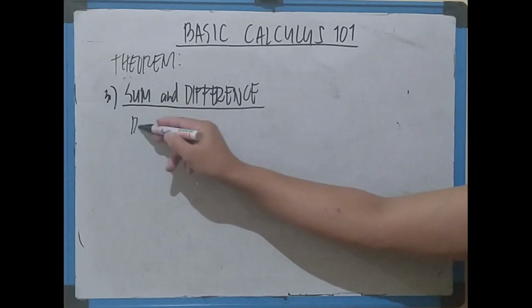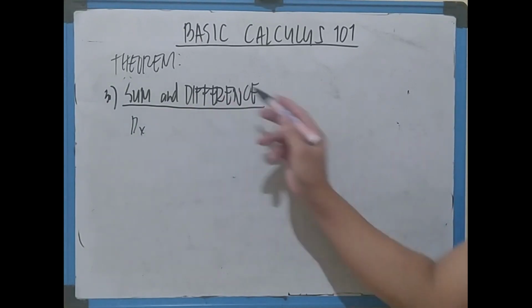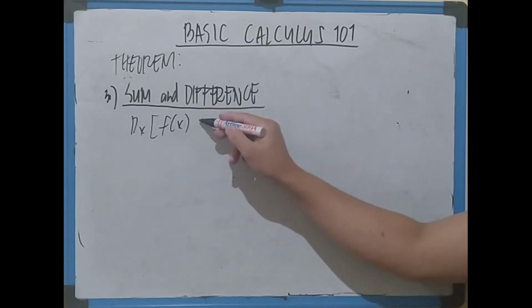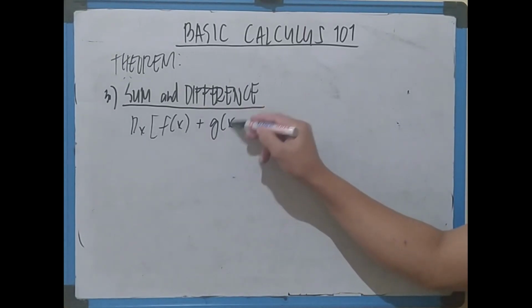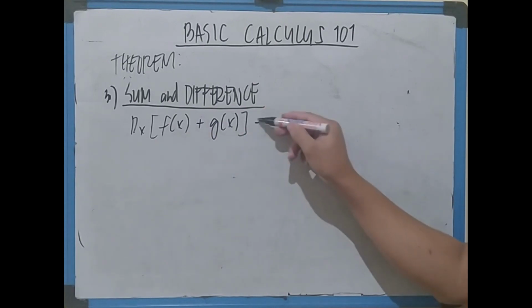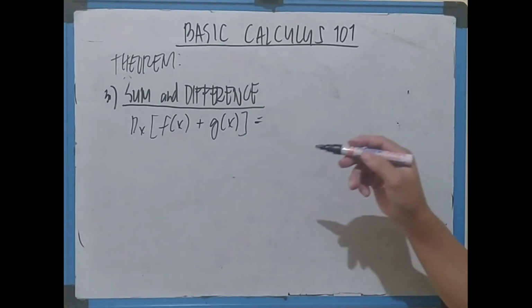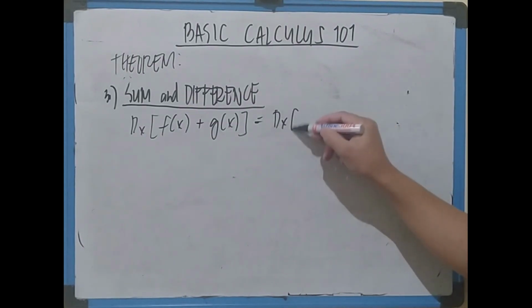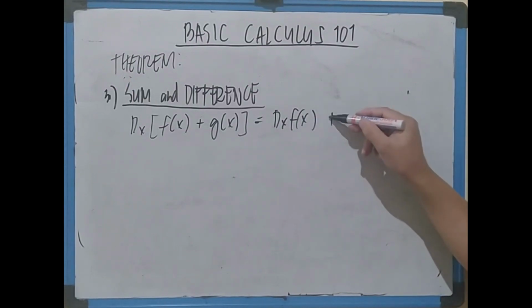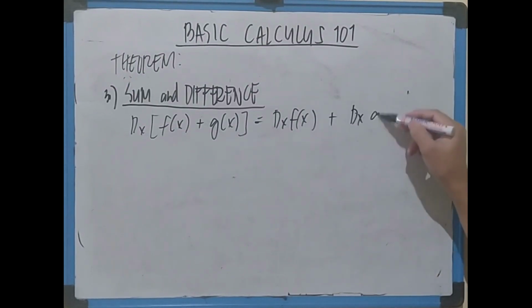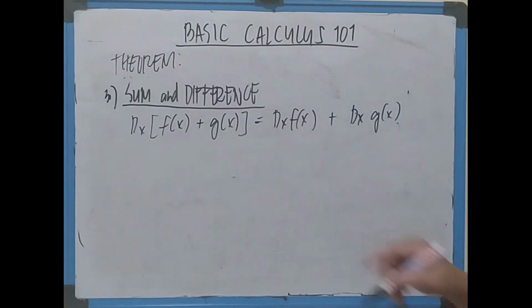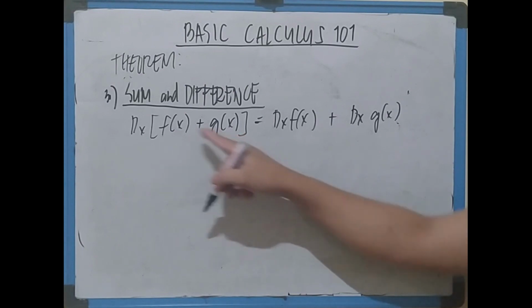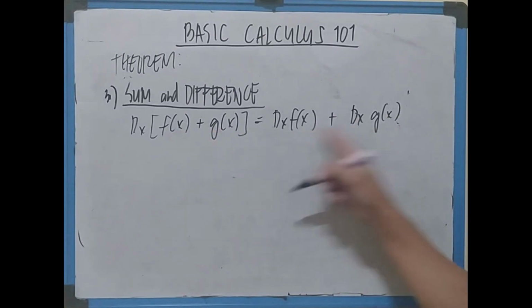To get the derivative of the sum of, let's say for example, f of x and g of x, what we will do is first get the derivative of f of x only, then add it to the derivative of g of x. As simple as that. So if we have an equation for f of x and an equation for g of x, get first the derivative of those, then we add.